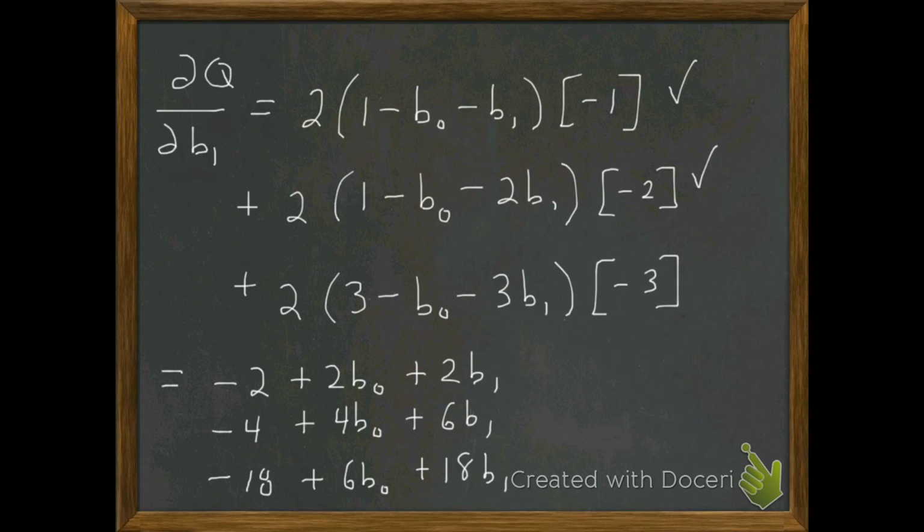And negative 2. So we get negative 2 plus 2 plus 2B1, minus 4 plus 4. Oh, shoot. Okay, this should be an 8.